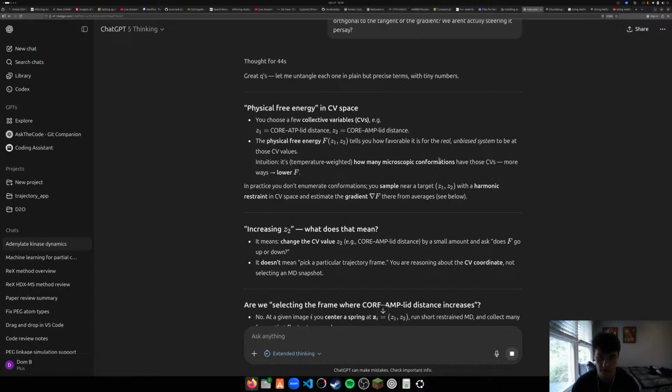Intuition: it's temperature weighted. How many microscopic conformations have those CVs? More ways, lower F.